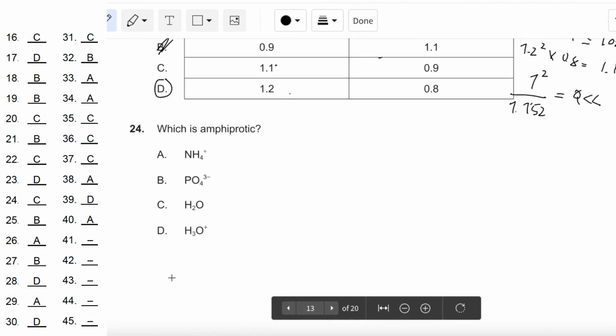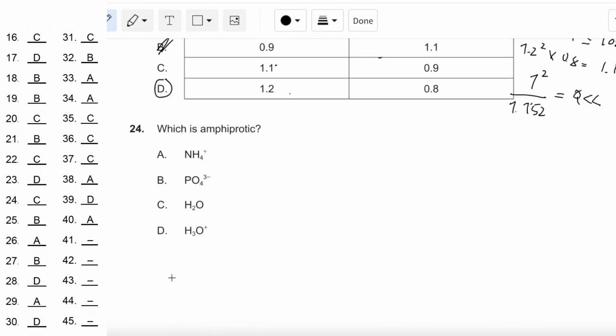Let's continue to question number 24. Amphiprotic, just to remind you, is a species that is able to lose and gain a proton. NH4+ is impossible because NH4+ can't become NH5 2+, there is no such thing. It's not able to gain more protons. So A is not the answer.